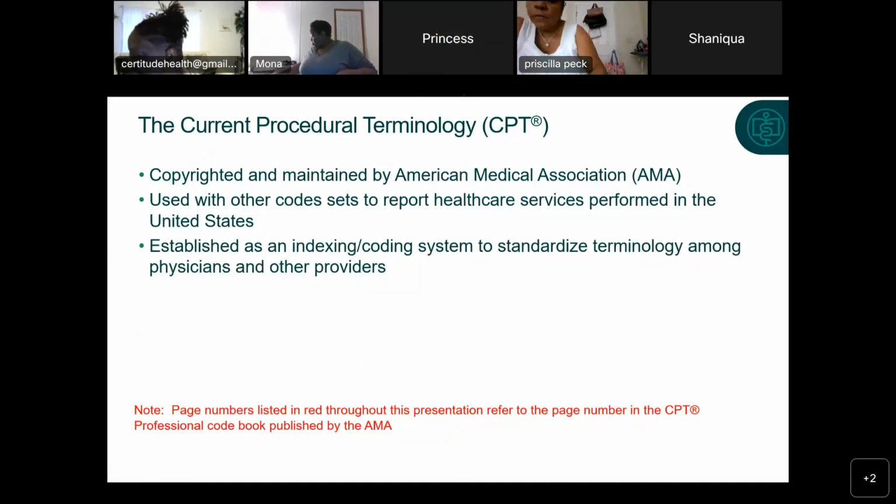And then we'll also take a look at the HCPCS book, which is going to be coding drugs, equipment, and supplies. So that would include your durable medical equipment, your crutches, your walkers, your CPAP machines, your nebulizers.